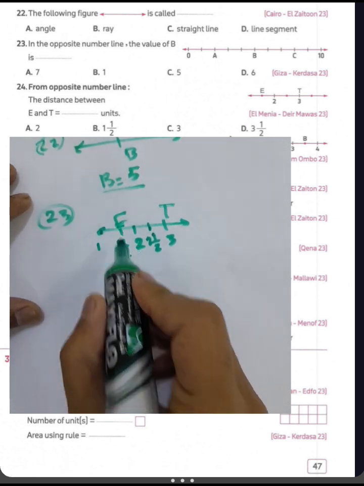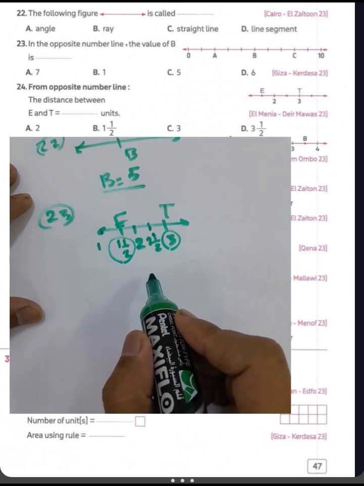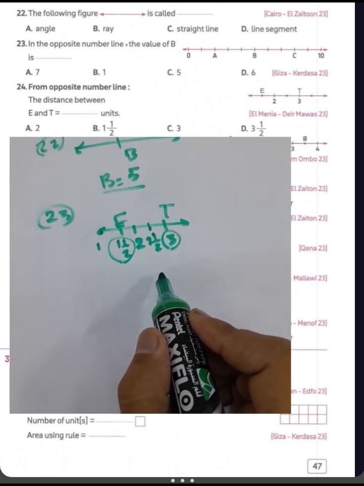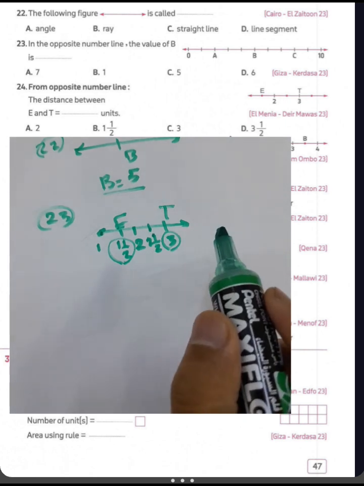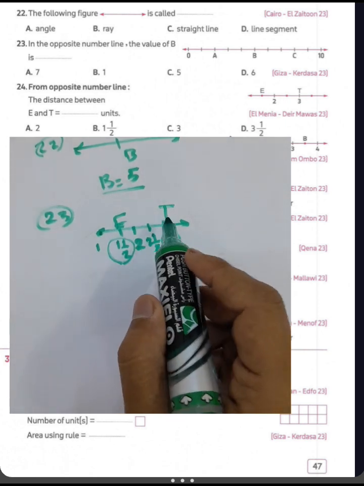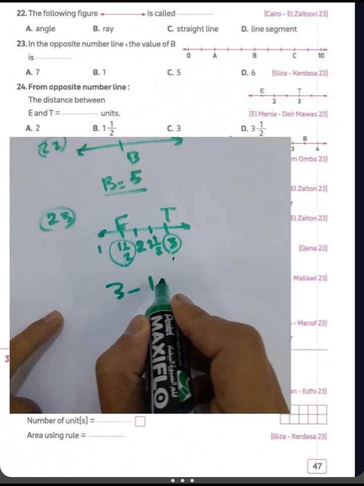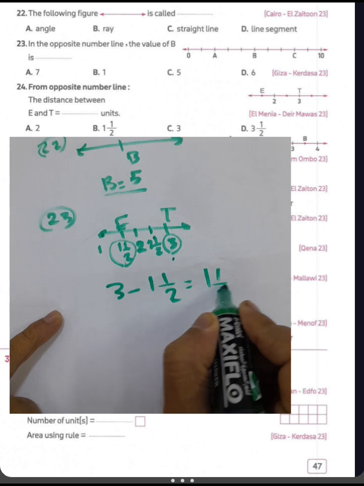Then E was 1.5 and T equals 3. Then the distance between them, we can write the distance between two numbers. We want to find the distance between E and T. 3 subtracted by 1.5. The result will be 1.5.